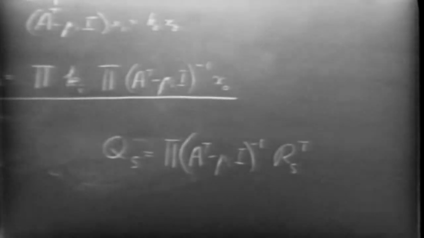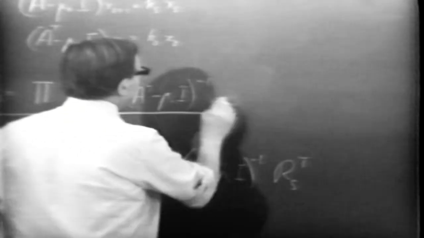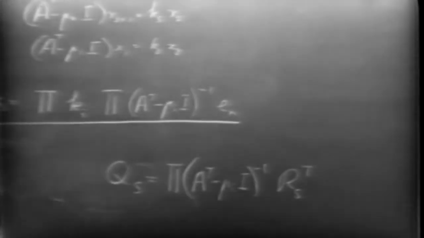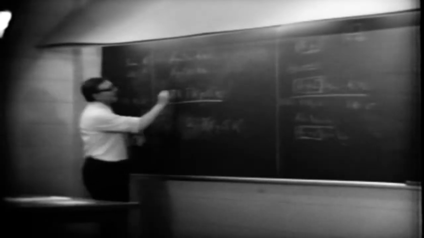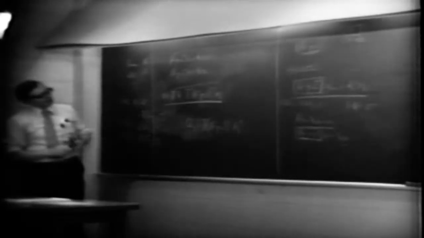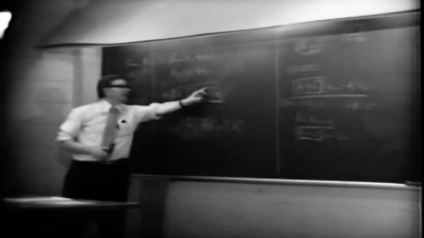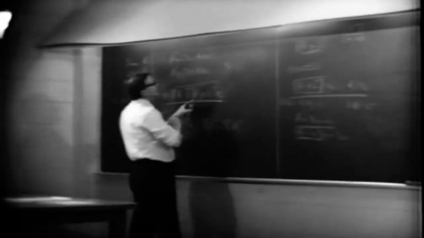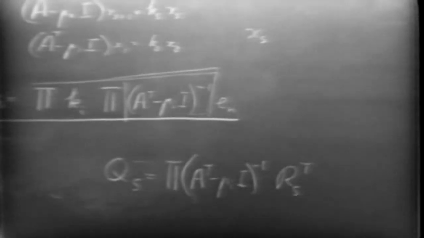Now let's consider the fact when we start off with x naught equal to En. By definition, xs is a unit vector. Now what is this on the right-hand side of here? En times this matrix is just the last column of this matrix. So that xs is a unit vector in the direction of the last column of this product. Okay.